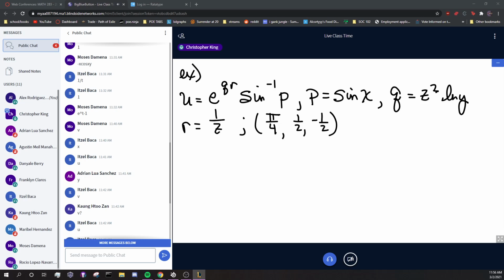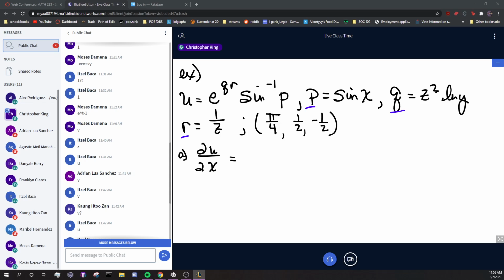Okay, so the first thing we're going to do is look for the partial of u in respect to x. Now, keep in mind that for the secondary variables, we've got 3.